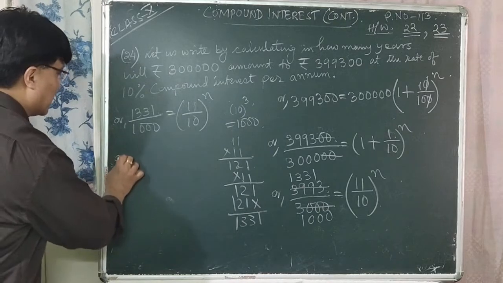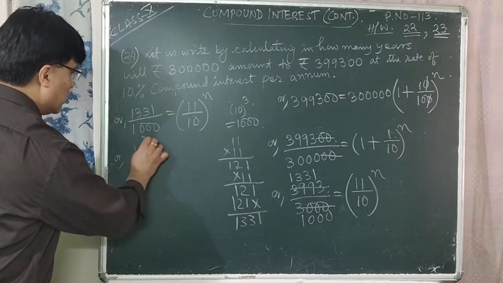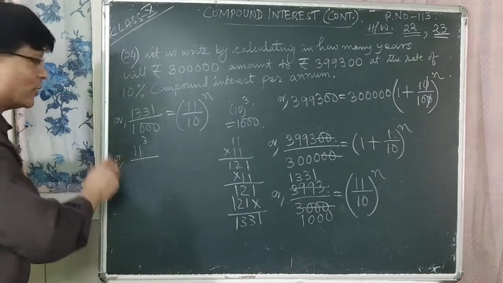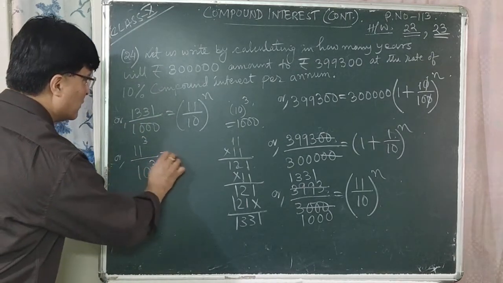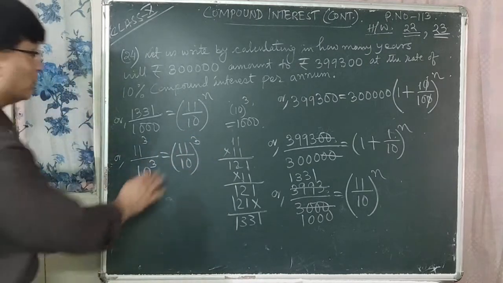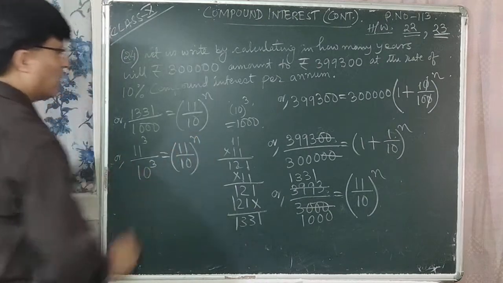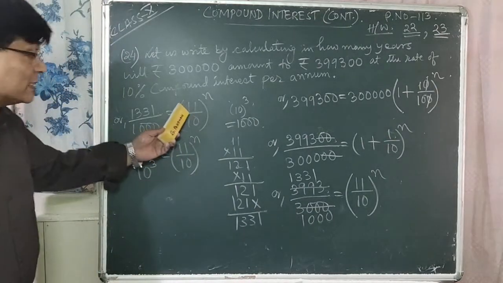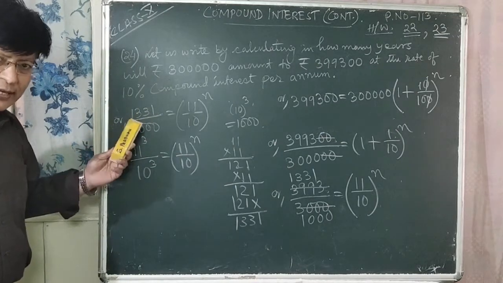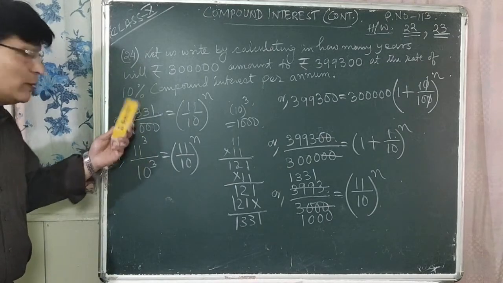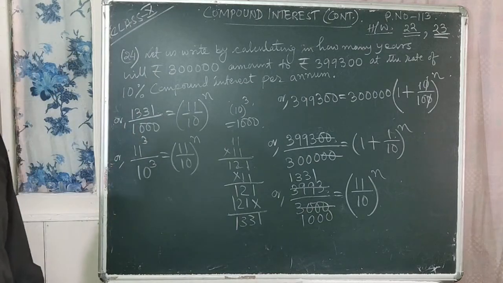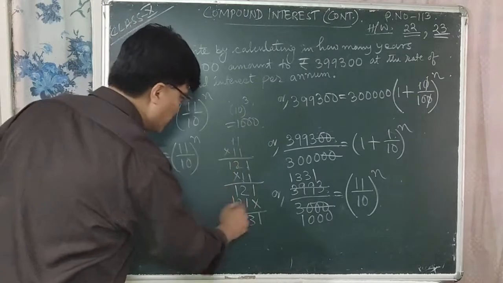That means you can write it as 11 cube over 10 cube is equal to 11 by 10 whole to the power n. Right hand side is kept as it is. Only you have to simplify this left hand side. That is 11 whole cube will be 1,331 and 10 whole cube will be 1,000. Right? We have just checked it.